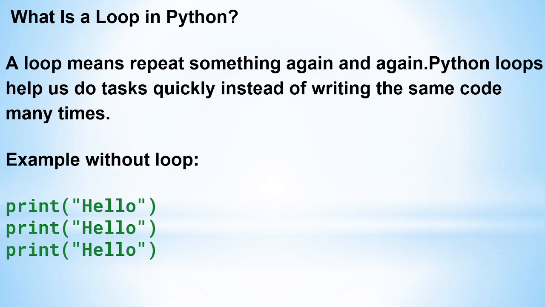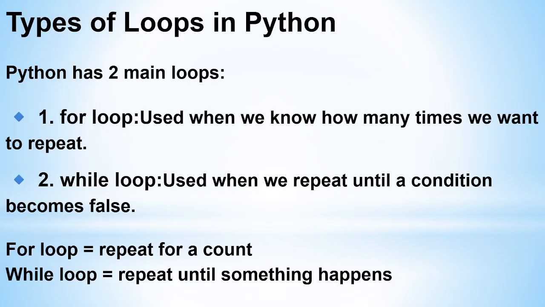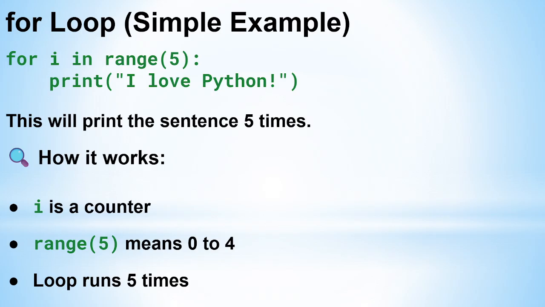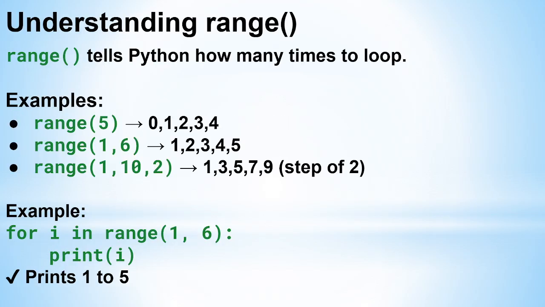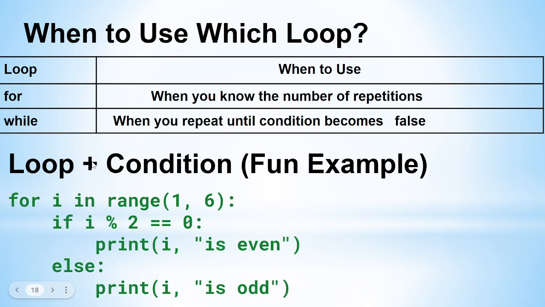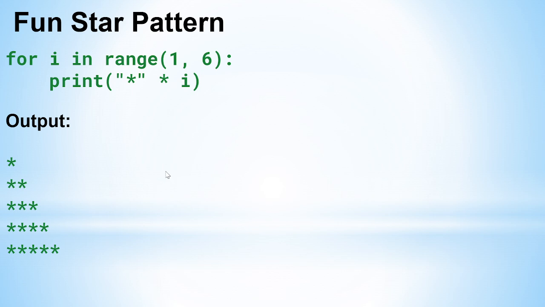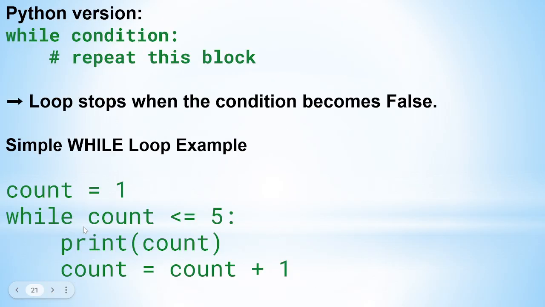In Python we have 2 types of loops, for loop and while loop. We also use range, in which we can give a number and it will start from that range. We did some examples, like finding even numbers and odd numbers, by combining our loops with our conditional statements. Then we saw how we can draw a star pattern. So that's all for today's class.